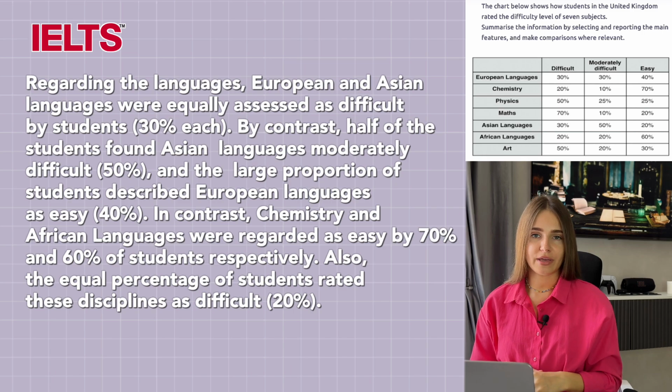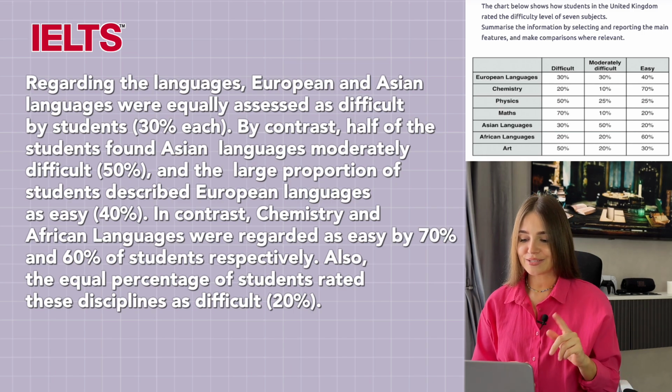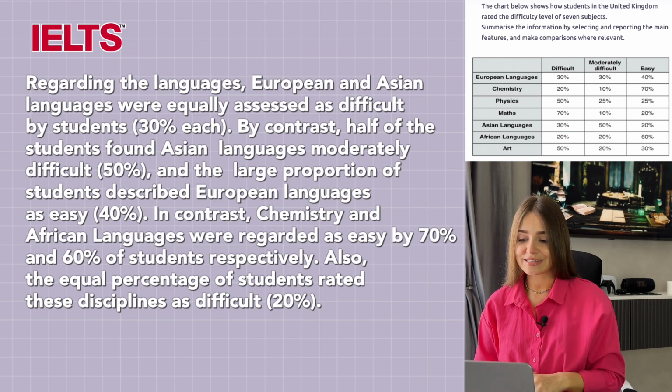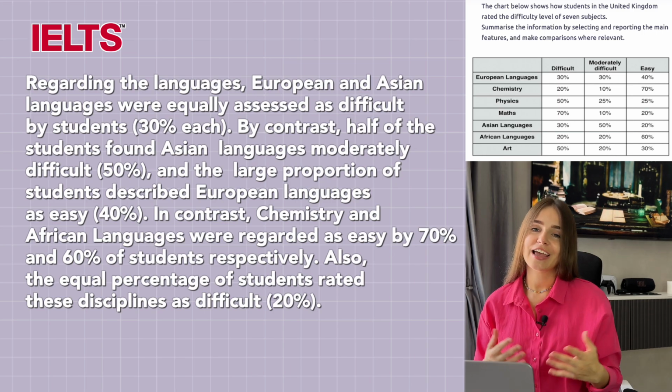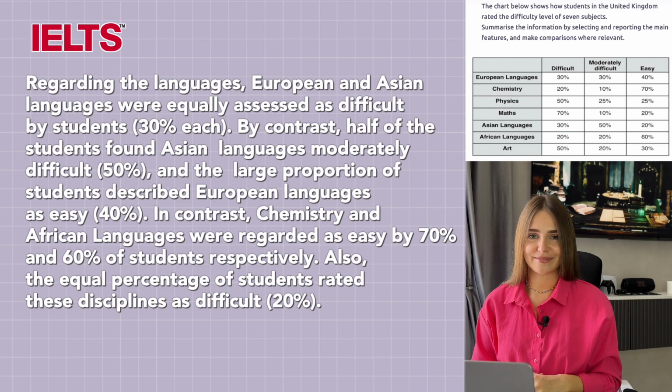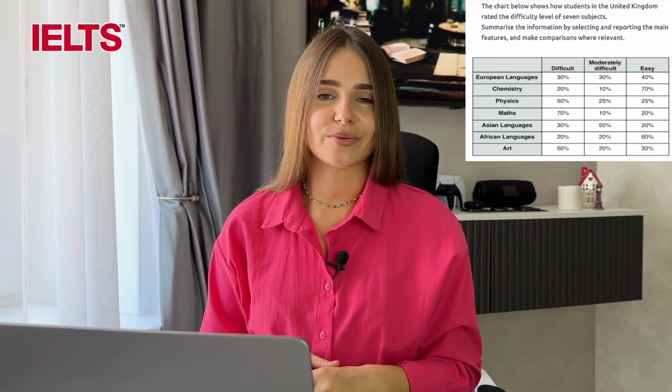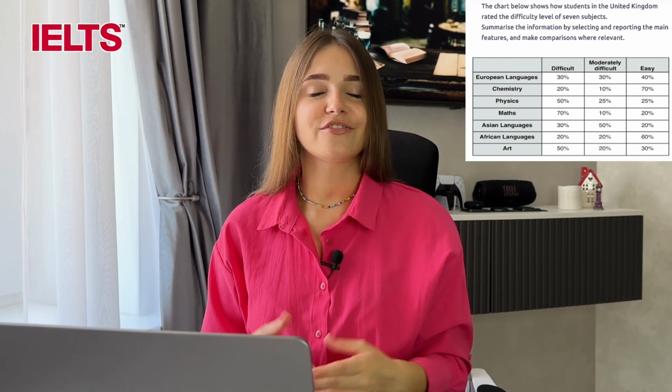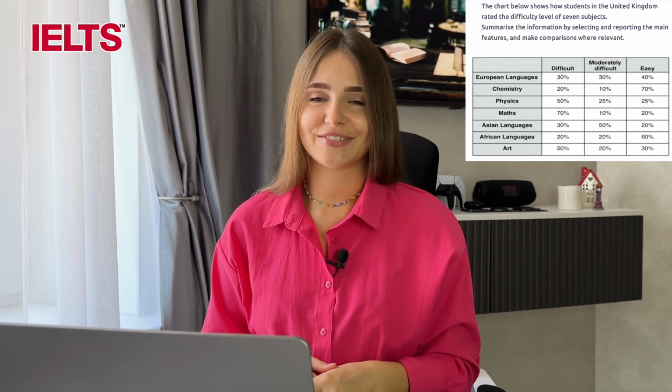So here I compare chemistry and African languages. Also, the equal percentage of students rated these disciplines as difficult, 20%. Again, another similarity. So this is our table description, rephrasing paragraph, overview, and two body paragraphs.